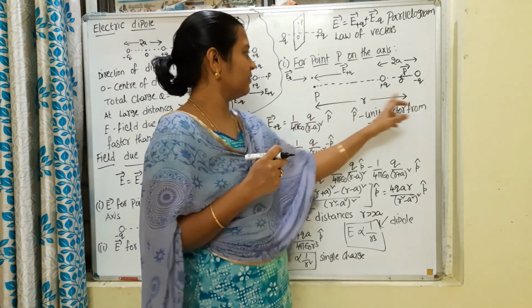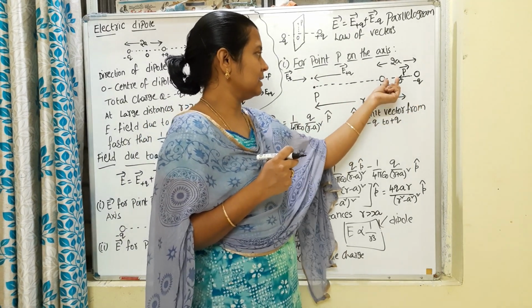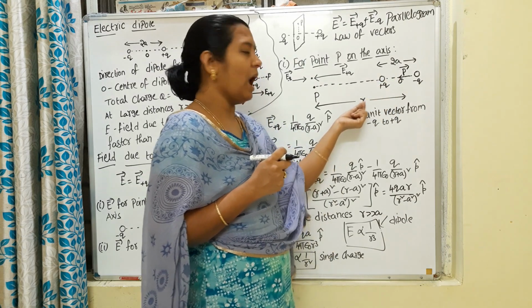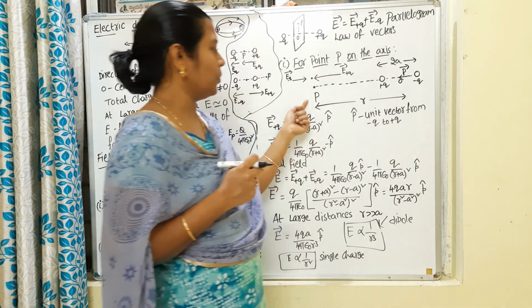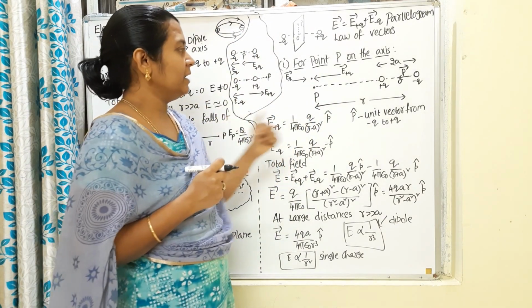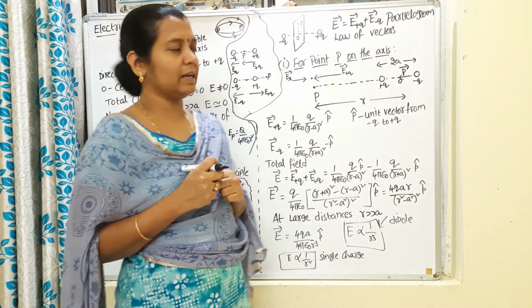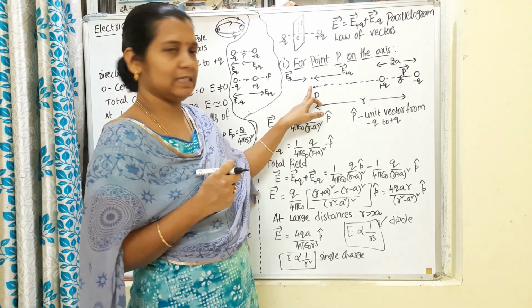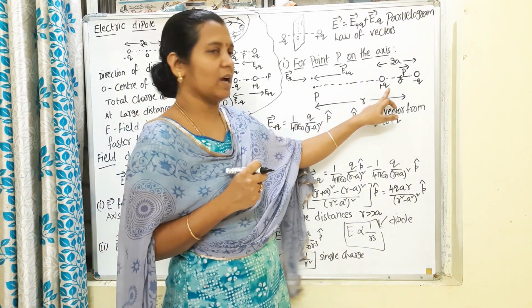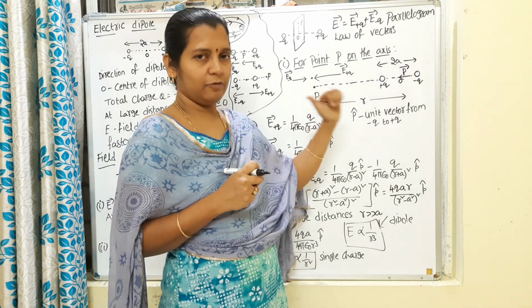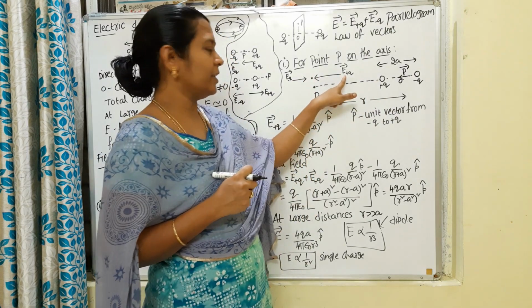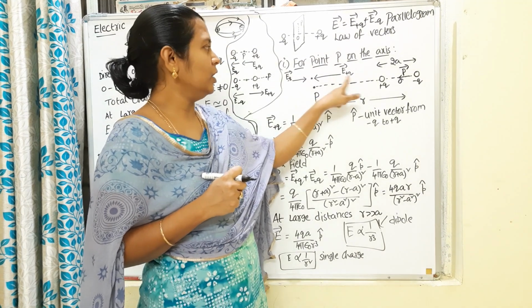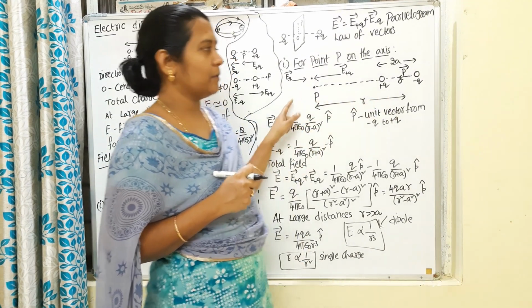If the total is R and this is A, then R minus A is the distance from the plus Q charge to point P. And in which direction is this field acting? If I keep a test charge, this positive charge exerts a repulsive force in the left side direction. So this is the direction of the electric field due to plus Q charge at point P.